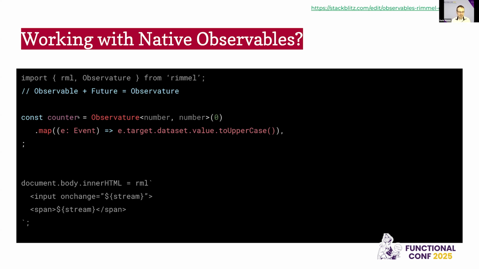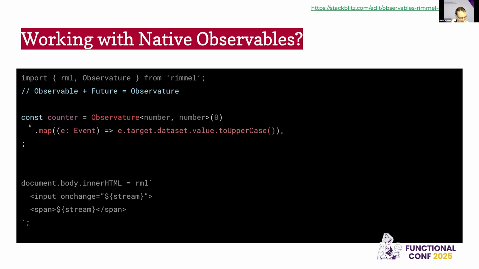So we came up with this thing, observable, observature. So observable plus future, let's call it for now, observature. Or just stream, future stream. So essentially what this thing does is treat a future observable that doesn't exist yet and call instance methods on it. Behind the scenes it's a proxy. So you can see how it works.